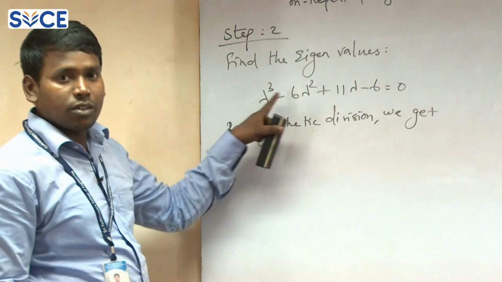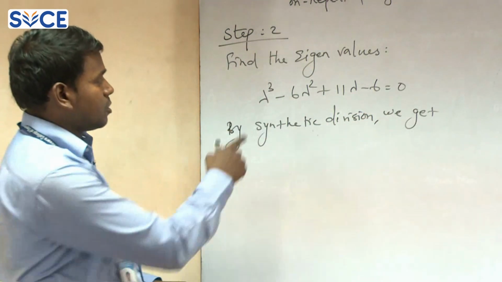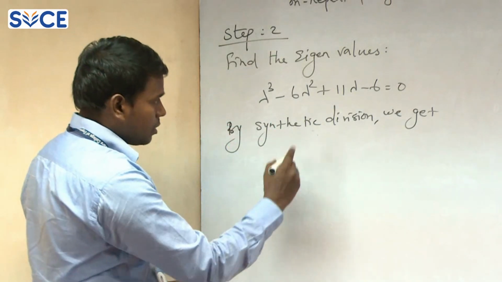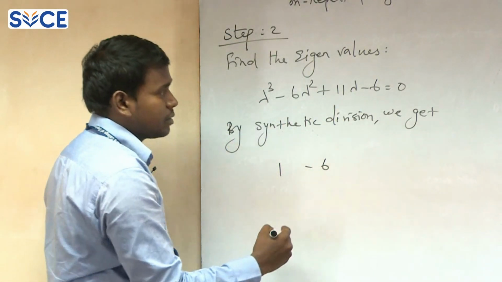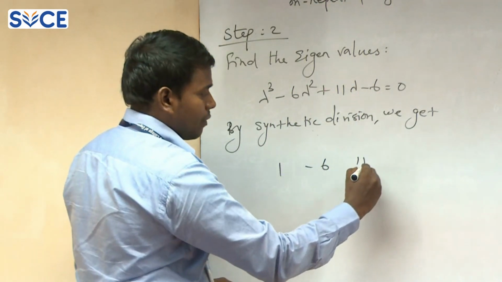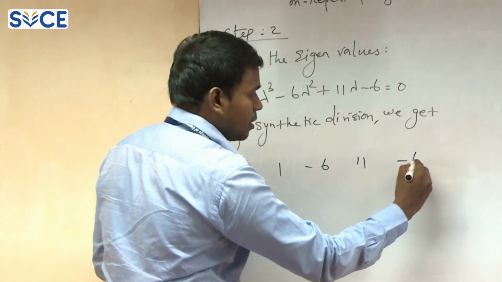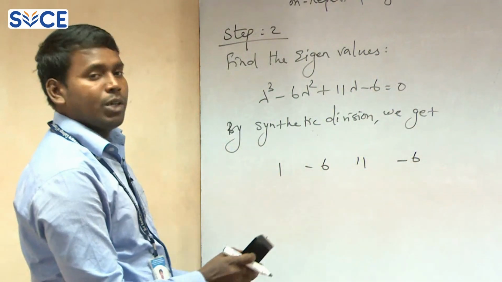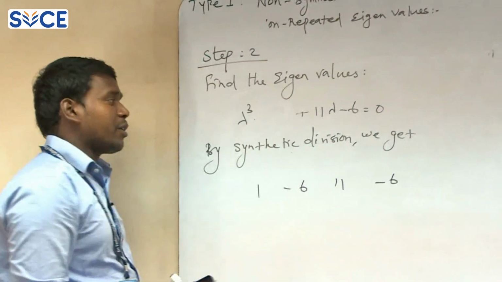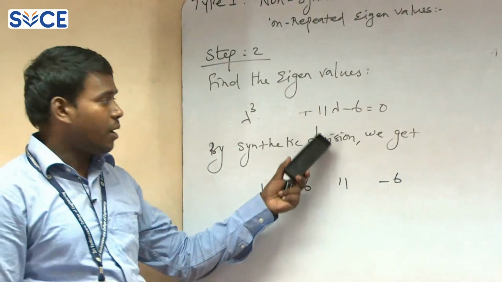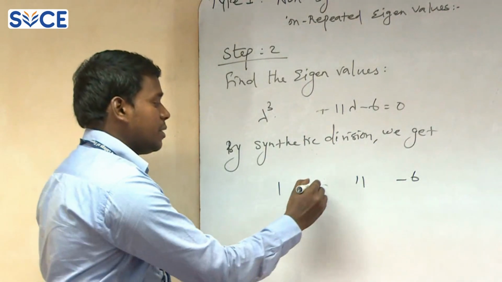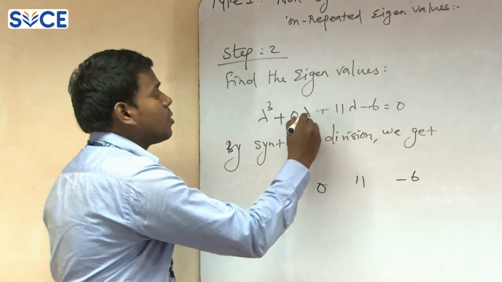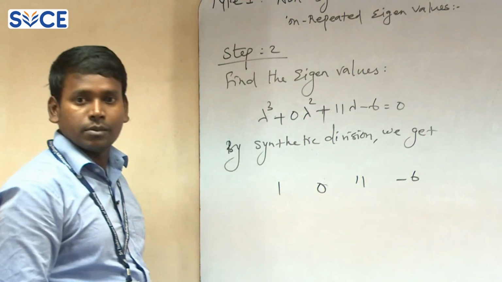we have to write the coefficients of the variables. So here the first coefficient is 1, the next, the lambda square coefficient, is minus 6, the next coefficient is 11, and the last one, the constant, is minus 6. Suppose your equation is lambda cube plus 11 lambda minus 6, then you should include 0 for the missing lambda square term.